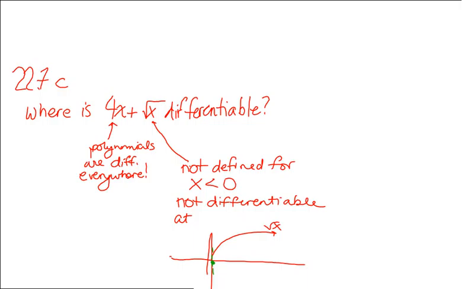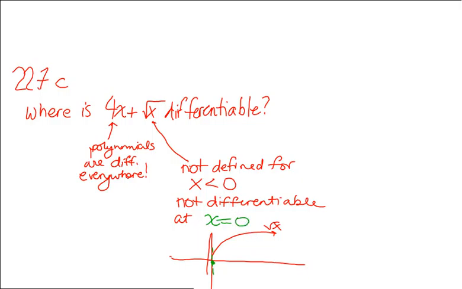As we were taking the limit of the slopes, they were just getting bigger and bigger and bigger as we picked points closer and closer to 0. So the limit didn't converge. The limit blew up and went to infinity. So the instantaneous rate of change here at 0 is infinity. It's not a number. So at this point, it's not differentiable.